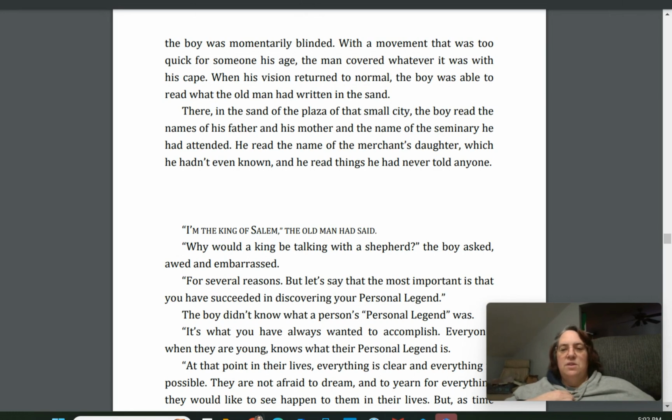When his vision returned to normal, the boy was able to read what the old man had written in the sand. There in the sand of the plaza of the small city, the boy read the names of his father and his mother and the name of the seminary he had attended. He read the name of the merchant's daughter, which he hadn't even known. And he read things he had never told anyone.